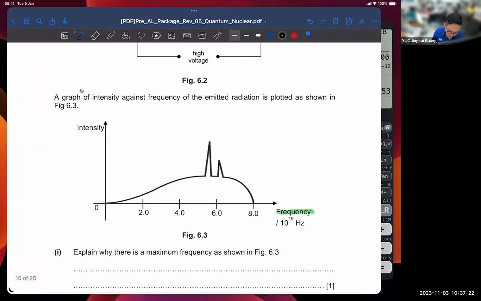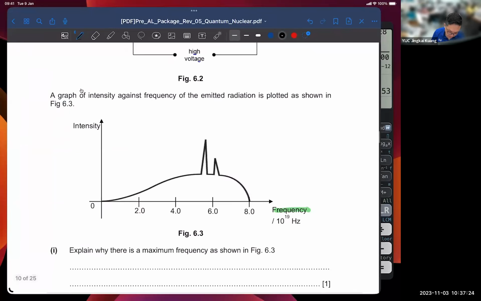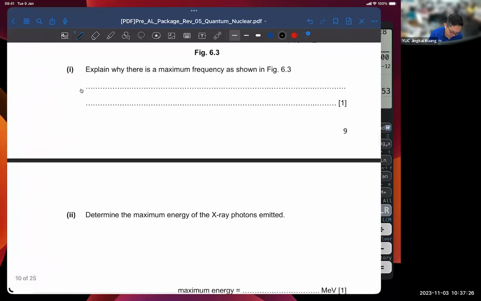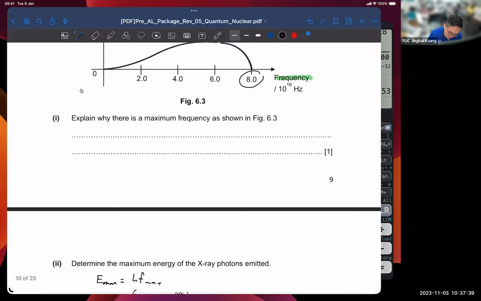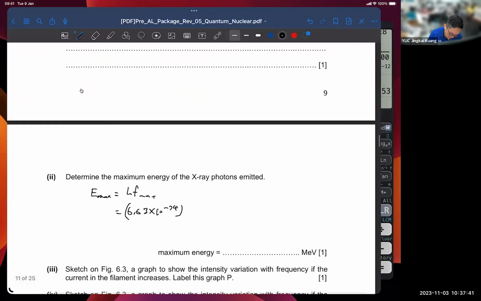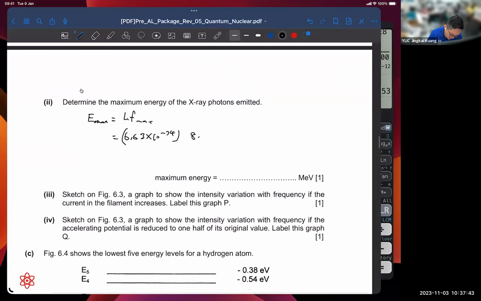From the graph, we can find 8.0. So we have E max equals h f max, so 6.6 times 10 to the negative 34 multiplied by 8 times 10 power 19. So this is fine.